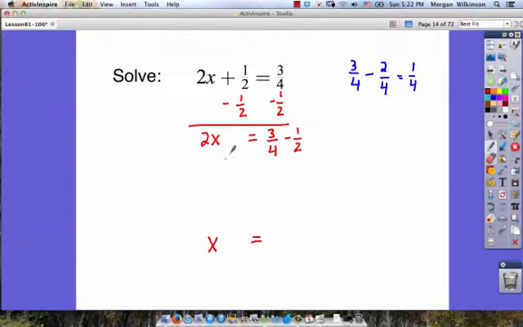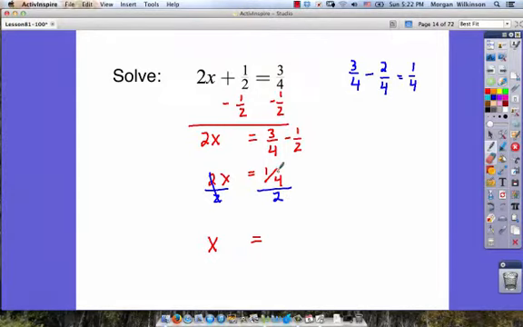Now we can rewrite again. We're going to get 2x is equal to 1/4. Now if we have 2x is equal to 1/4, we need to figure out what number times 2 is equal to 1/4. To undo multiplication of 2, we're going to have to divide by 2, because 2 divided by 2 is 1. That leaves x by itself. That's exactly what we want. Now to balance out our equation, we're going to divide by 2.